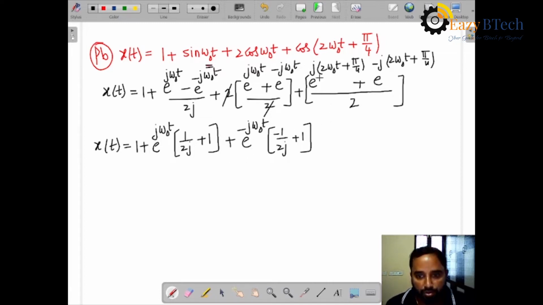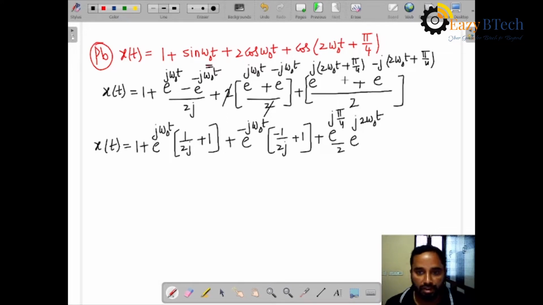Next, e power 2j omega naught t terms we are going to write. Before going to that, here we have plus pi by 4, so I am going to write it like this: e power j pi by 4 by 2 times e to the power j 2 omega naught t.